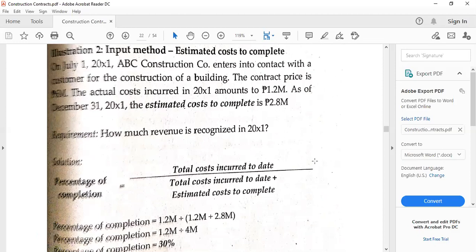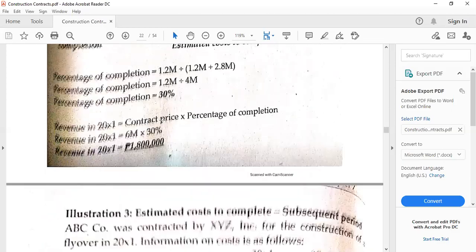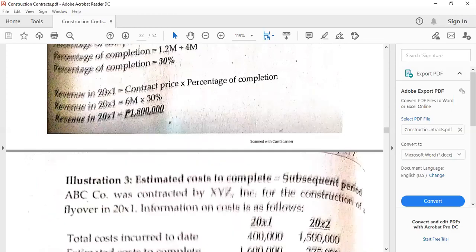But for the next years, like the second year, for example, the numerator should be the total cost incurred in 20x1, the first year, and also 20x2. So 1.2M divided by 4M is still 30% and the same revenue.